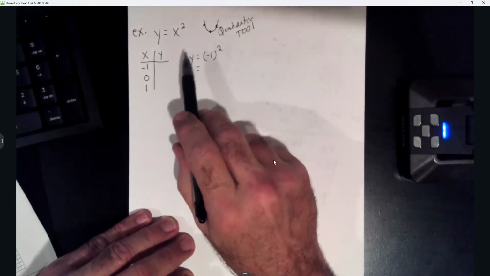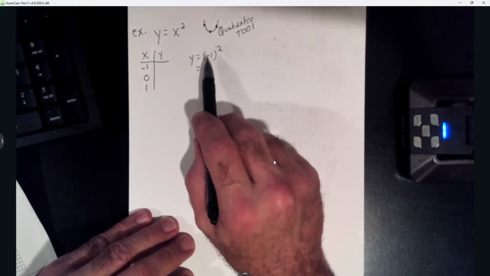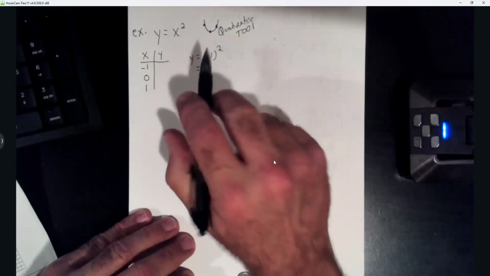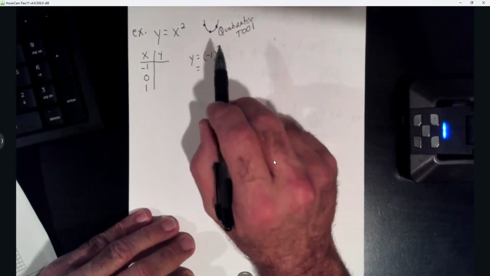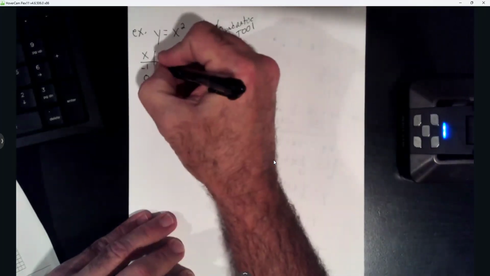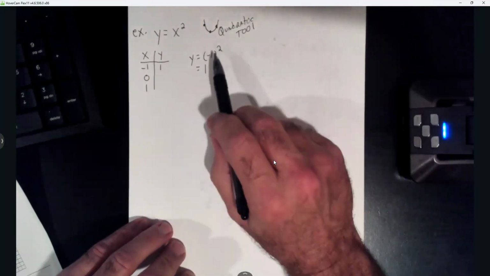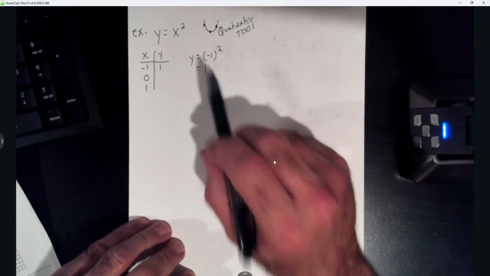Now, on a calculator, when you put in negative numbers for your variables, put negative numbers in parentheses, okay? So now the calculator knows this is -1 times -1, which is going to give me a +1. Any number you square will be positive, okay?